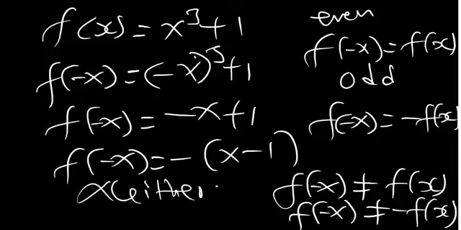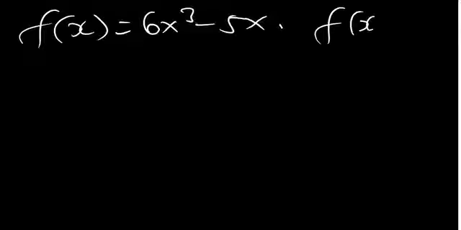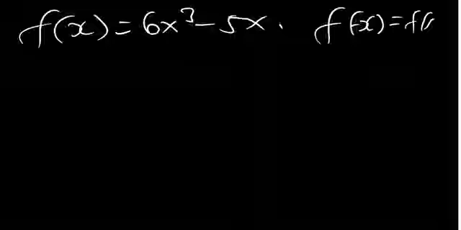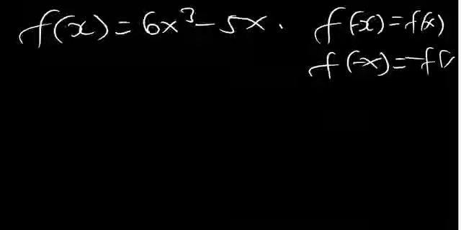As simple as that. Let's have another example. Let's say we have a function f of x is equal to 6x to the power 3 minus 5x. For a function to be even, f of negative x has to be equal to f of x, and for a function to be odd, f of negative x has to be equal to negative f of x.